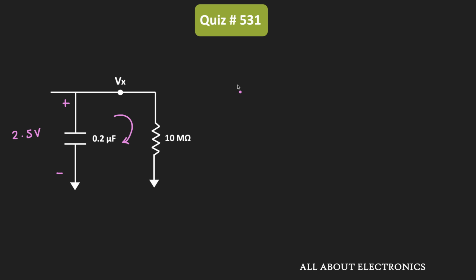We know that when the capacitor is discharging, the voltage across the capacitor, Vc(t), can be given as V0 times e to the power minus t divided by RC. This voltage is the same as Vx. But in this case, let's say t is equal to t dash, where t dash is equal to t minus 0.5 second, because this is the equivalent circuit at t equal to 0.5 second.